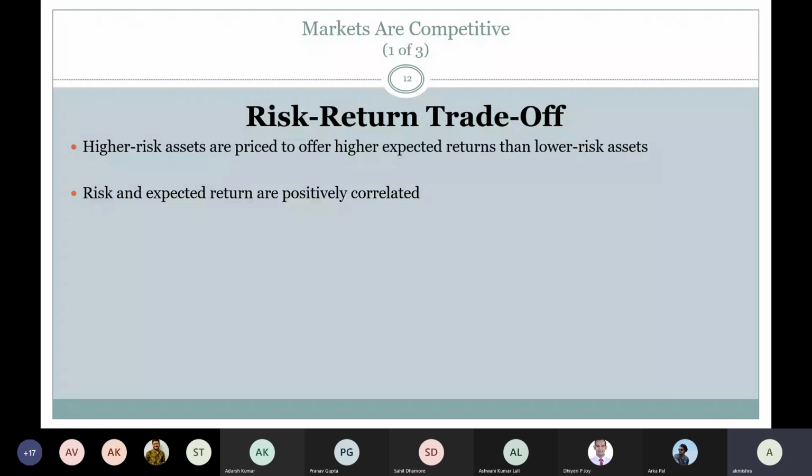Even if we are all creating a purely equity-based portfolio or a purely debt-based portfolio, that difference comes because of individuals' risk perception, risk preference, and risk-return trade-off.